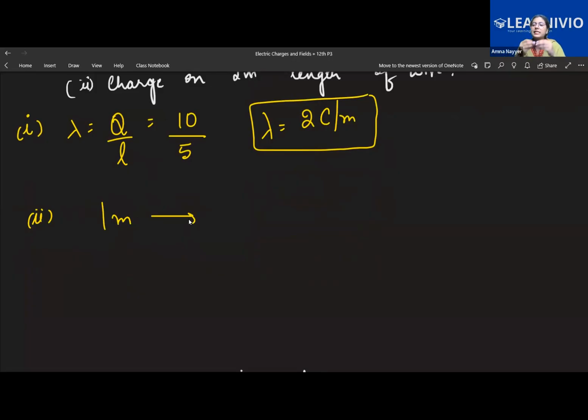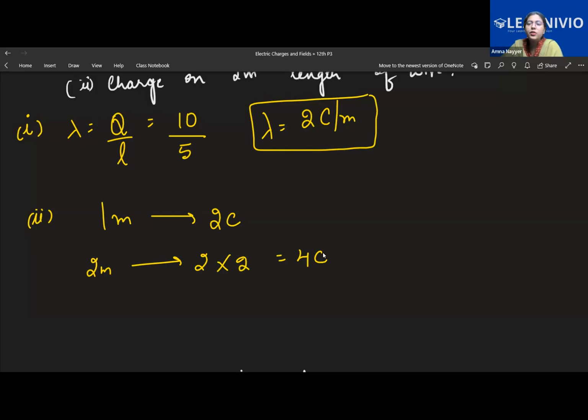Linear charge density means how is the charge distributed on your straight wire? So in 1 meter, we've calculated 2 coulomb. So in 2 meter, how much charge will be there? Simply 2 into 2, that is 4 coulomb. So you apply the unitary method over here, because you cannot differentiate here. This is not variable. Length is fixed, 2 meter. Lambda is also constant.